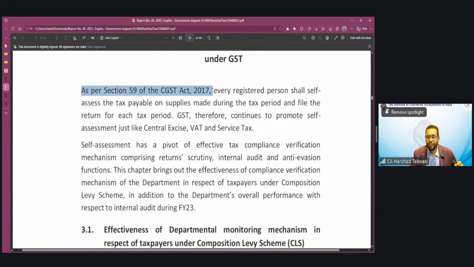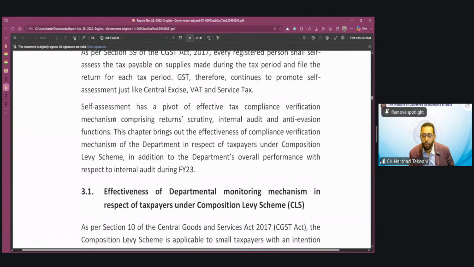So what is the law? Section 59 of the CGST Act: every registered person shall self-assess the tax payable. I'll not go into the GST. You might already be looking into some other subject, but what they are saying is, this chapter brings out the effectiveness of the compliance verification mechanism of the department in respect of the taxpayers under the composition levy scheme, in addition to the department's overall performance with respect to internal audit during FY23.